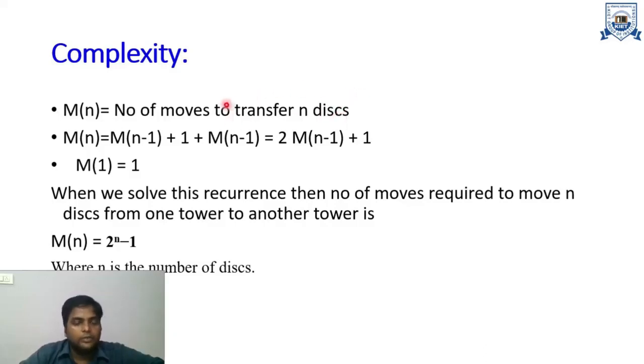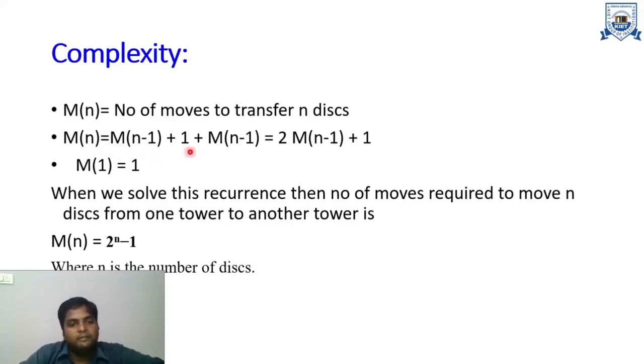When we want to transfer n disks, we generally use 3 steps. First of all, we move n minus 1 disks from A to B using C. So when we move n minus 1 disks, what is the recurrence? The recurrence is M of n minus 1.